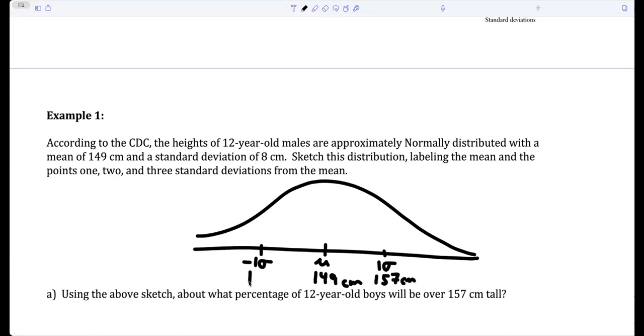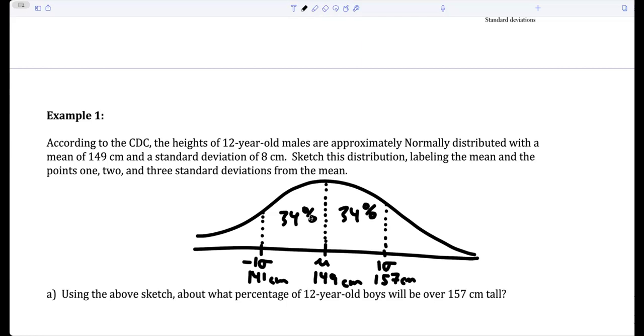And over here, that would be 141. And according to the empirical rule, what's the percentage within 1 standard deviation? 68. And since this is symmetrical, that means there's going to be 34% between the mean and 1 positive standard deviation, and 34% between the mean and 1 negative standard deviation.